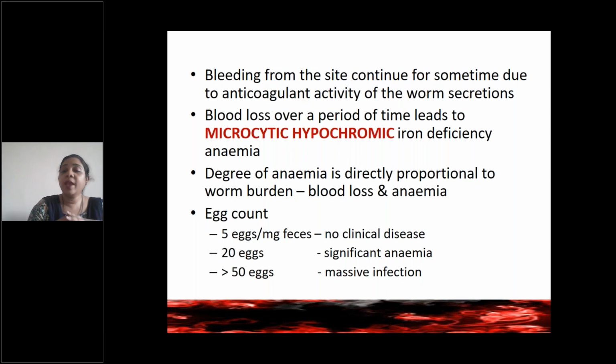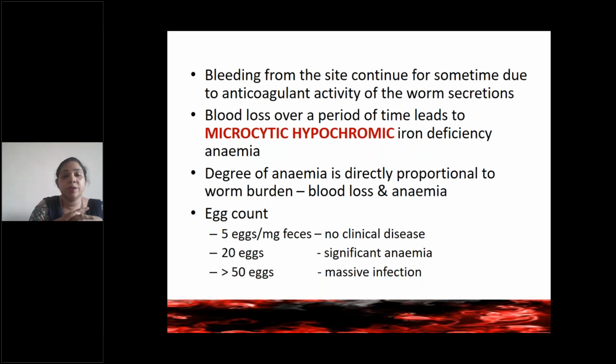So there will be a loss of blood from various sites. The degree of anemia is directly proportional to the worm burden. If there is a large worm burden, anemia will be more. Less worm burden, anemia will be less.